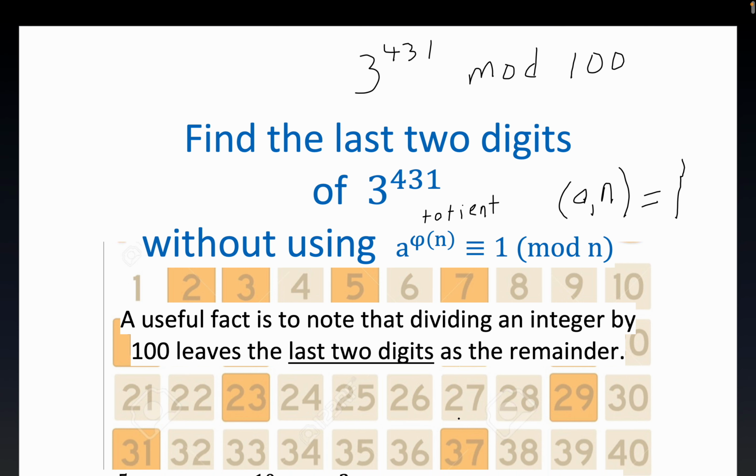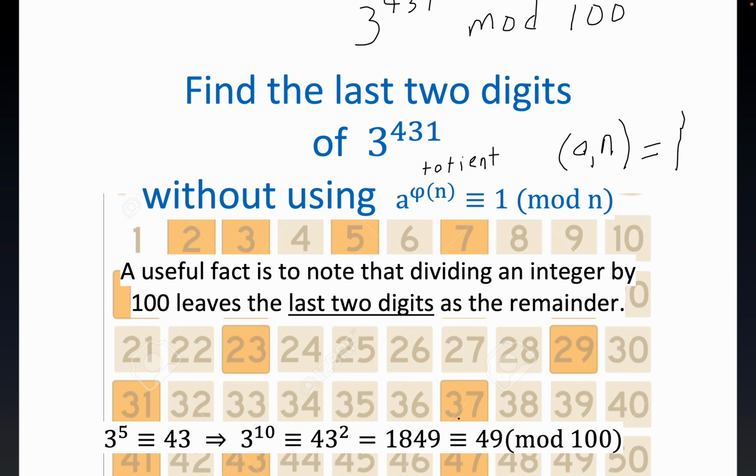Now, another way to write this, I'll just give you a concrete example. Let's say we have 4371. Notice that this is congruent to 71 mod 100.